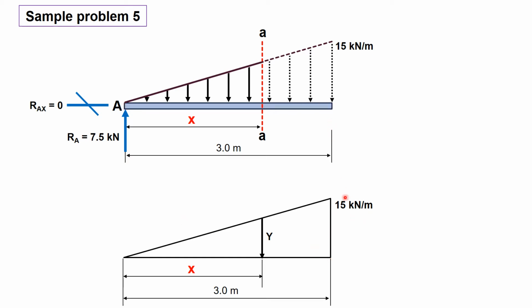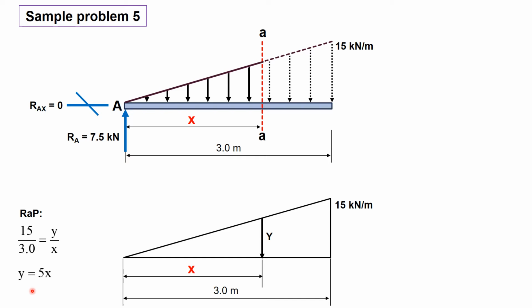So we will use this for the ratio and proportion to get y in terms of x. And this is our equation. So we have 15 is to 3 as y is to x. So if we simplify this to get y, we have y equals 5x.